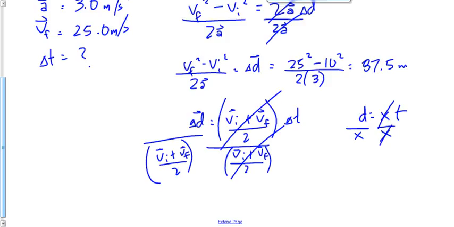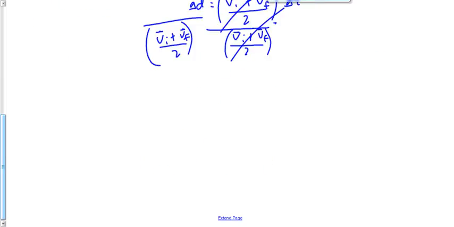VI plus VF over 2 times T. Well, how do I get rid of this stuff that's inside the brackets? Divide by everything that's inside the brackets. But I have to do that to both sides, just like I'm dividing both sides by X here, and dividing both sides by whatever's inside the brackets there. So what am I left with? It's an ugly looking equation, but it works.